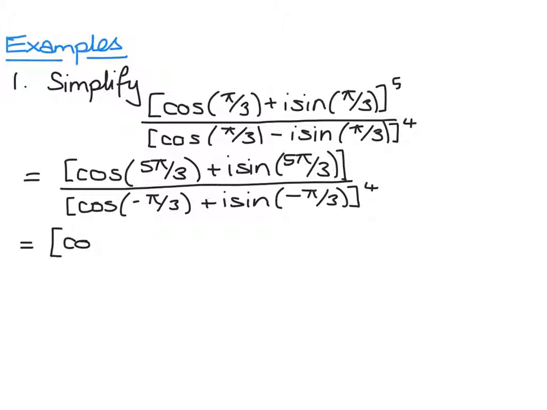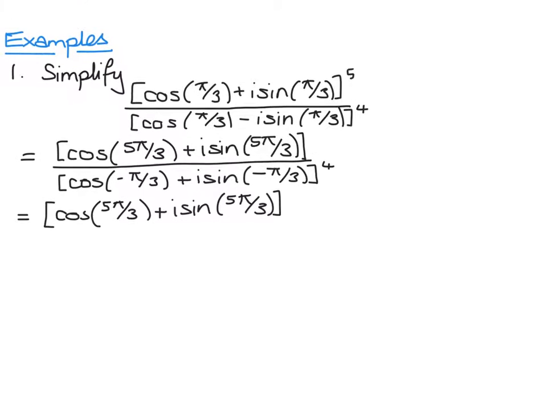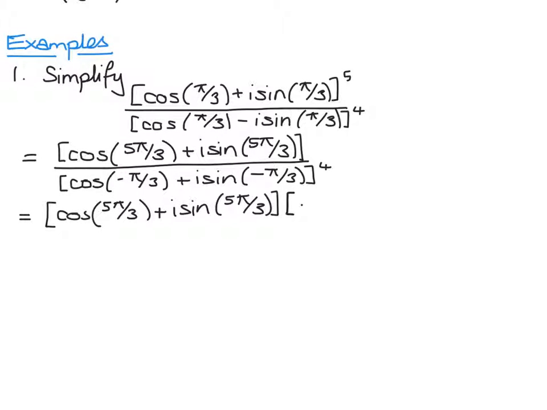So we'd get cos 5 pi over 3 plus i sine 5 pi over 3 multiplied by cos 4 pi over 3 plus i sine 4 pi over 3.